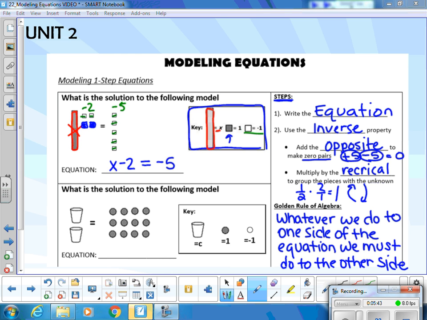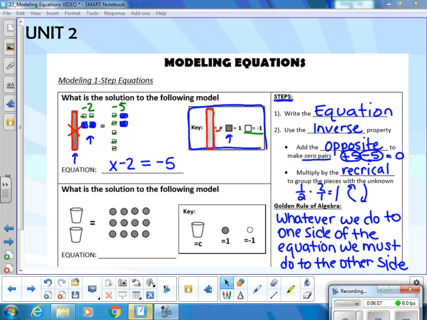And what my golden rule says, whatever I do to one side, I have to do to the other. So I'm going to come over here and draw 2 dark squares on this side. So now my equation is equal. My ultimate goal is to figure out what this x is by getting it by itself, which is why I have to make these zero pairs right here.